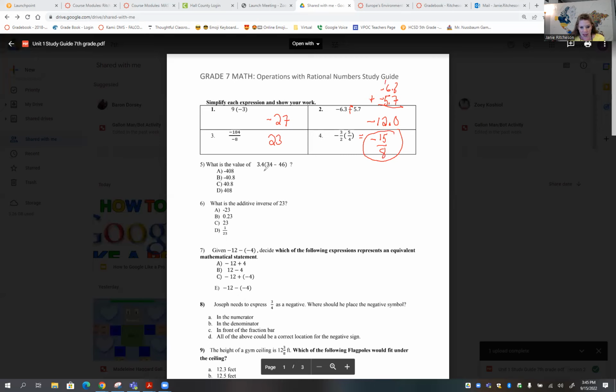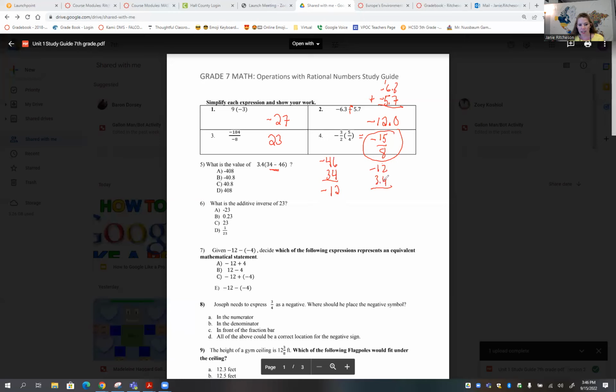All right, number 5, we're going to do order of operations. So the first thing we're going to do is subtract 34 minus 46, or in other words, negative 46 combined with a positive 34. We subtract and we get a negative 12, and then we multiply negative 12 by 3.4.